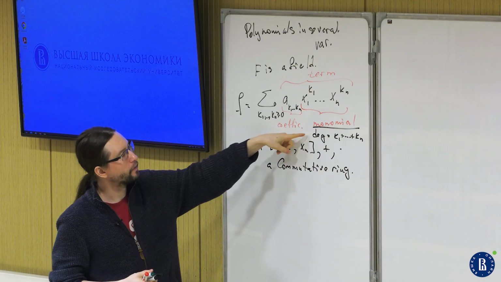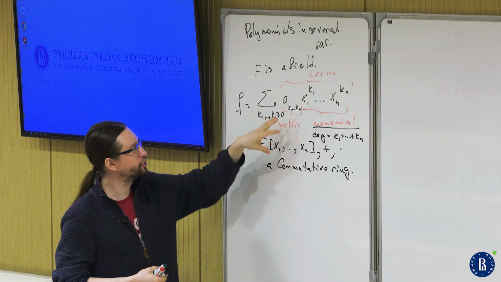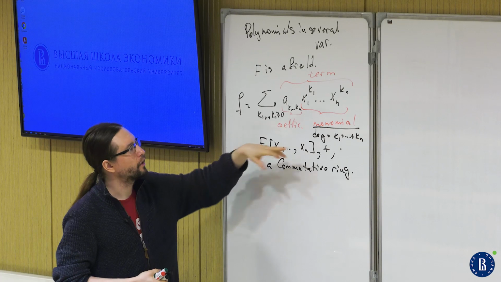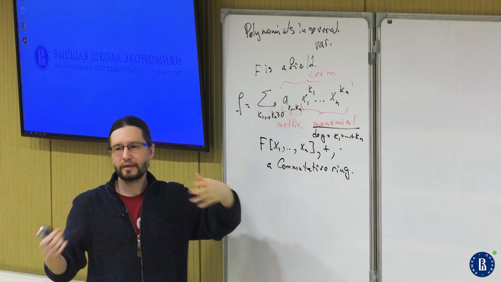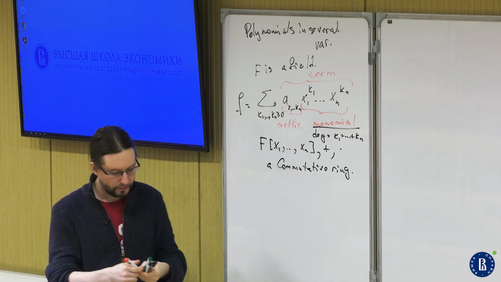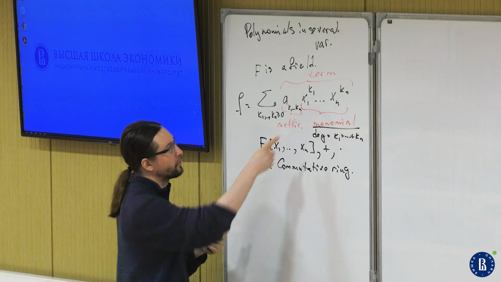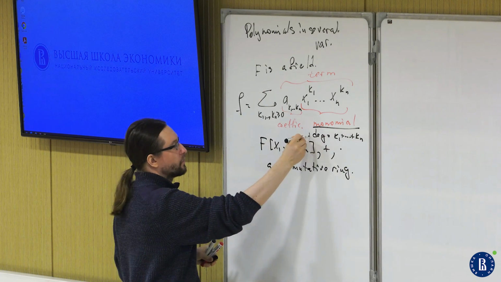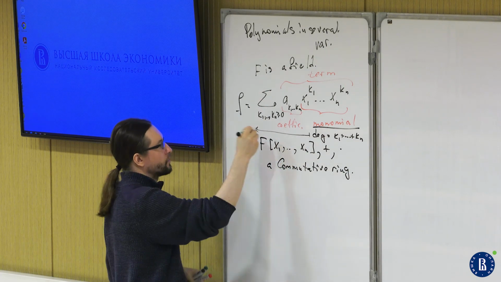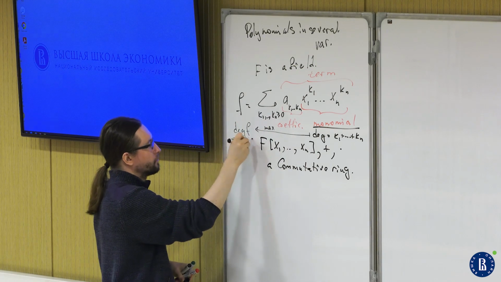If we have a polynomial, then each term of the polynomial has its own degree. Then we can take the maximum, and this is called the degree of the polynomial.